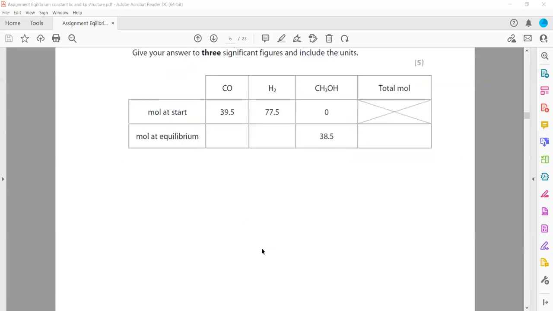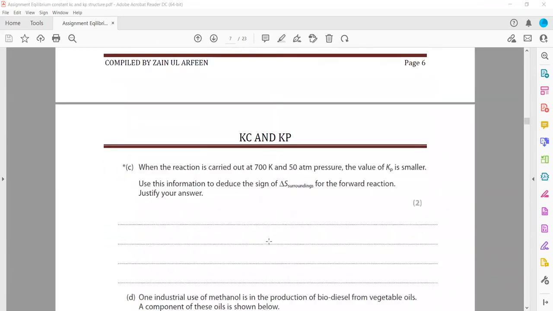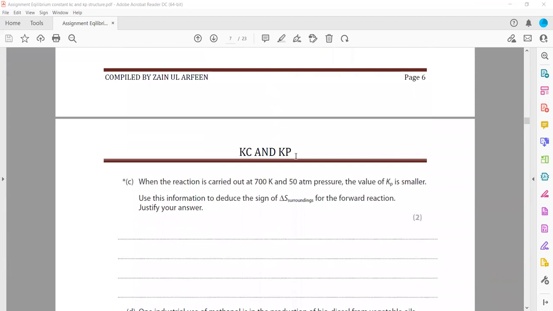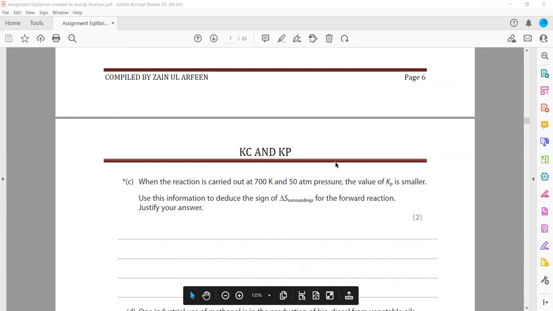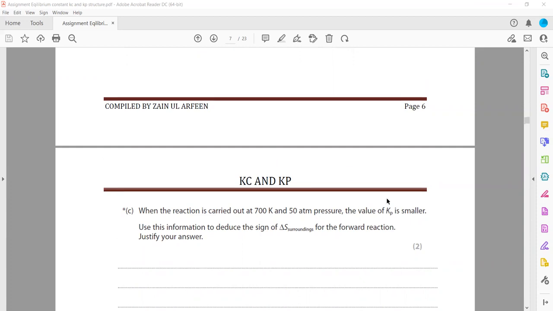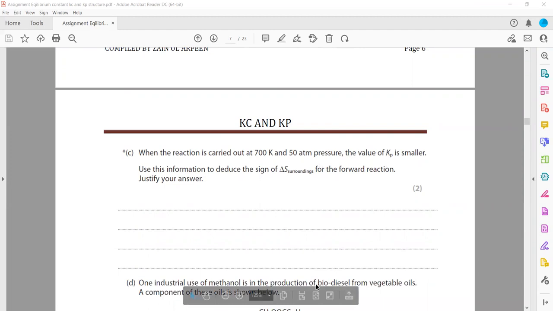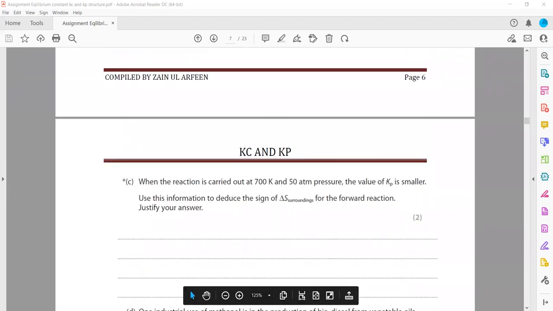When the reaction is carried out at 700 Kelvin and 50 atm, the value of Kp is smaller. Use this information to deduce the sign for entropy change of the surroundings for the forward reaction and justify your answer. So when we have a high temperature, the Kp is smaller. So what is the relation?